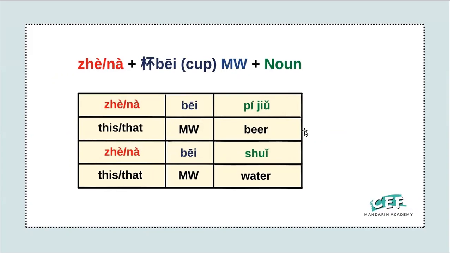So 那杯啤酒. So this cup of water, how to say? 这杯水. That cup of water, 那杯水. So 杯 is the measure word. MW is the short form of measure word.